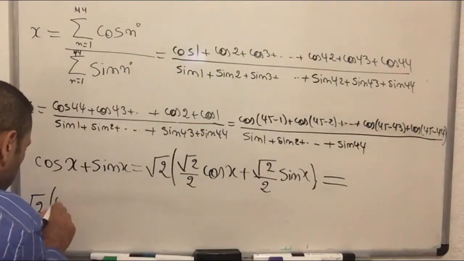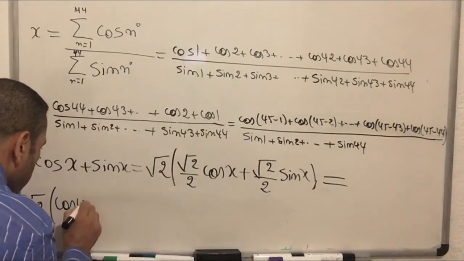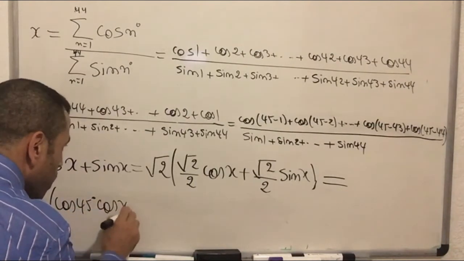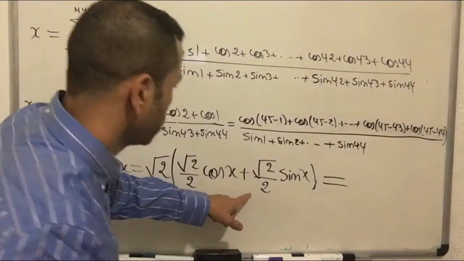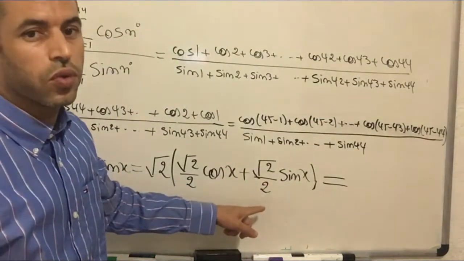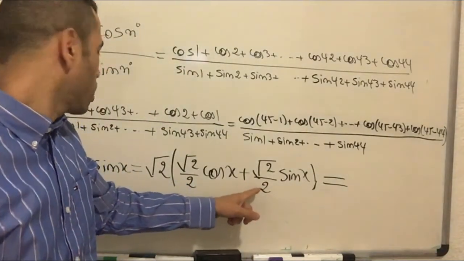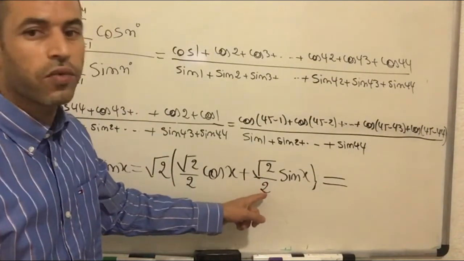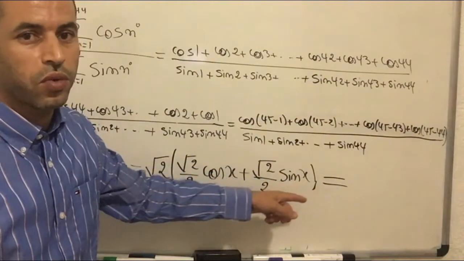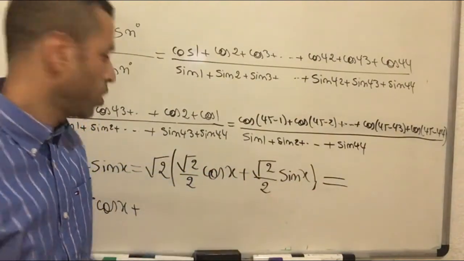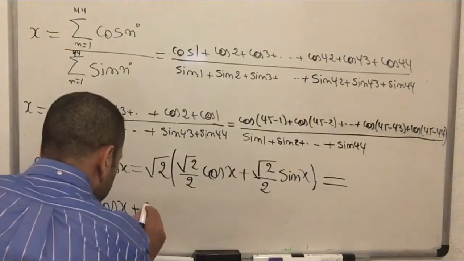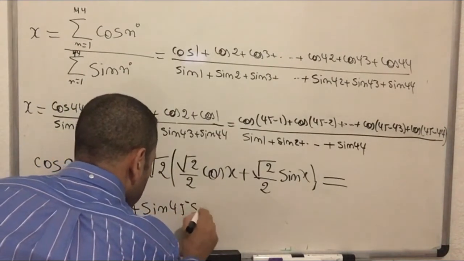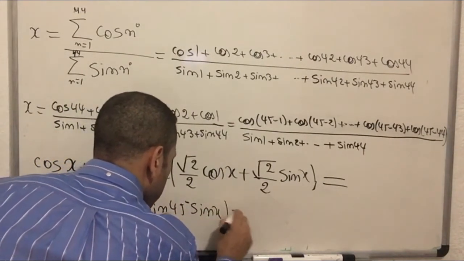Cosine of 45 degrees, which is square root 2 over 2, multiplied by cosine x. I can rewrite the other coefficient as sine of 45 degrees, because sine 45 degrees equals cosine 45 degrees, multiplied by sine x.